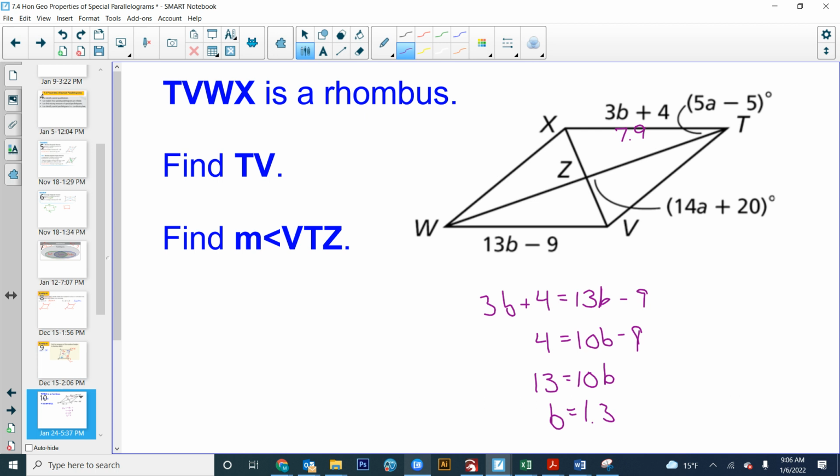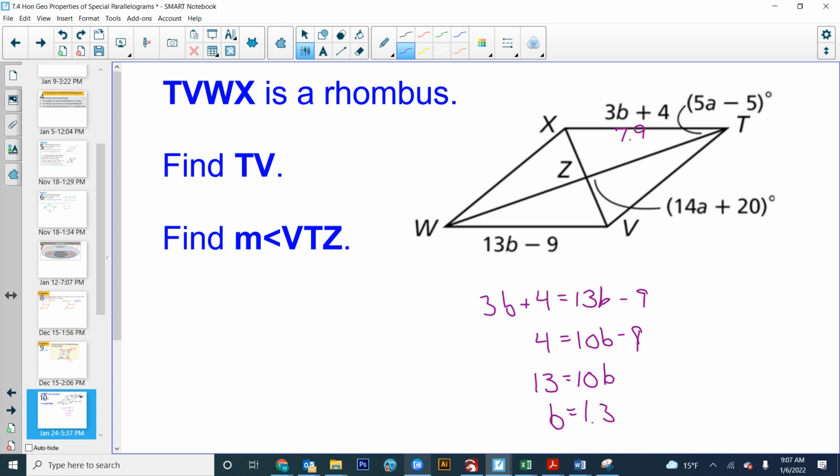This is a rhombus. All 4 sides are congruent. Do you know that property of a rhombus? Yes, no, maybe. Okay. Did I put that one on the top? I really need to add this to the notes. I totally forgot.